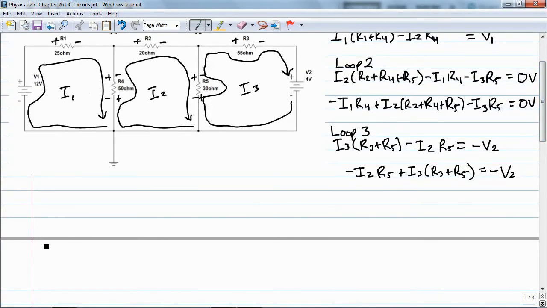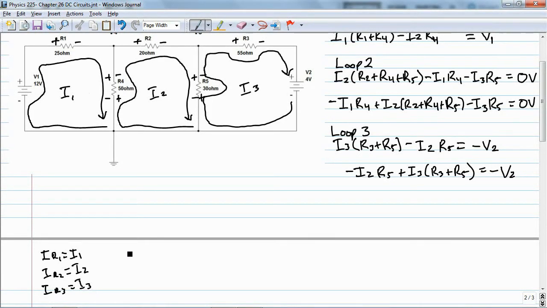And now, once I solve for I1, I2, and I3, I know that IR1 is equal to I1, IR2 is equal to I2, and IR3 is equal to I3.